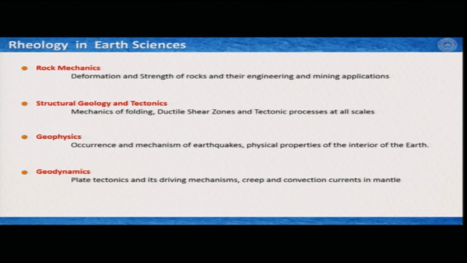So plate tectonics, its driving mechanisms, creep and convection currents in the mantle, upwelling of plumes, and whatnot. So all these things are being studied under the topic of rheology. Now we'll move to the consideration of how we can express or how we can study rheology.